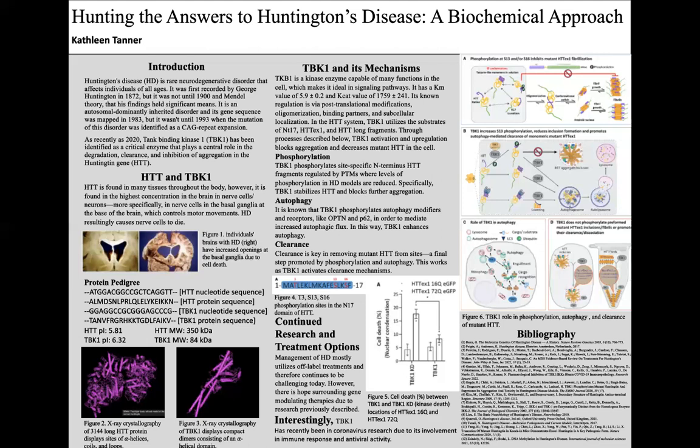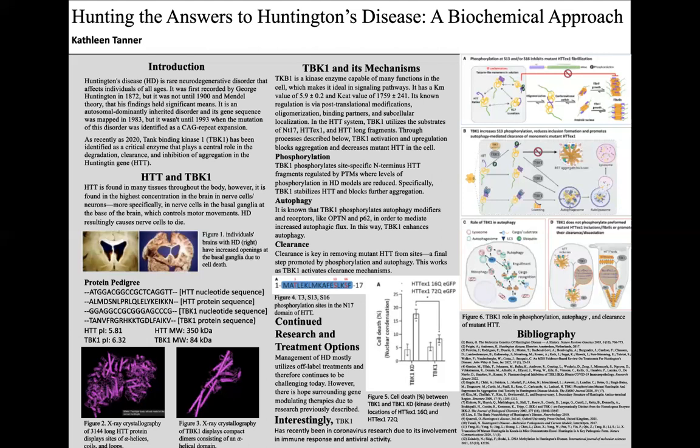So cell death is significantly less at HTT sites with active TBK1 versus inactive TBK1 HTT sites. Those specific sites, as indicated, are HTT-X1, 16q, and HTT-X1, 72q.